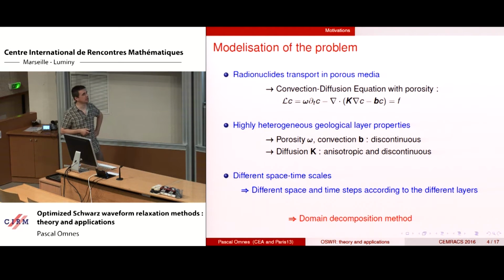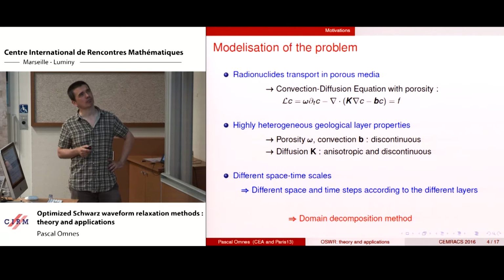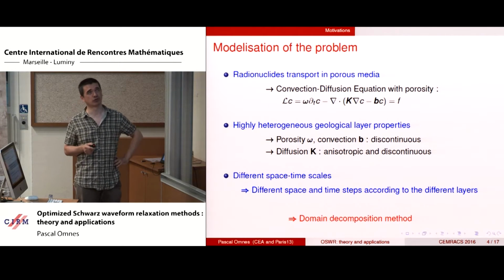The modelization of the problem is a convection-diffusion equation, a model for transport in porous media. Here, omega is the porosity of the rock, K is the diffusion of the material, and B is the Darcy flow that is pre-computed, and that's the flow of the water which will transport the radionuclide in the biosphere.